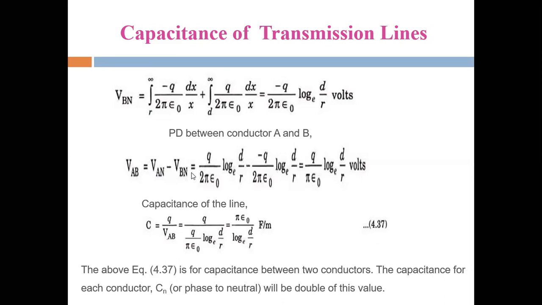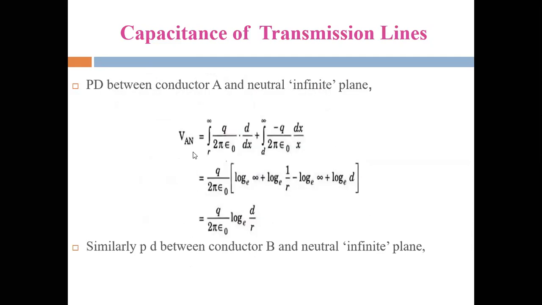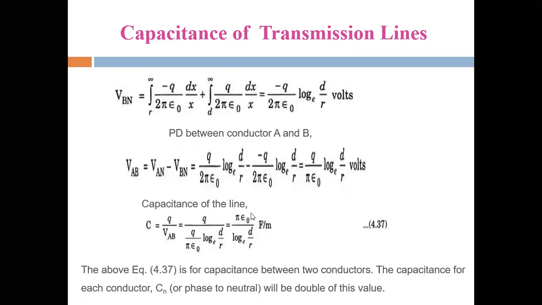VAN is Q by 2 pi epsilon naught log e d by R, minus VBN. What is VBN? That is minus Q by 2 pi epsilon naught log e d by R.